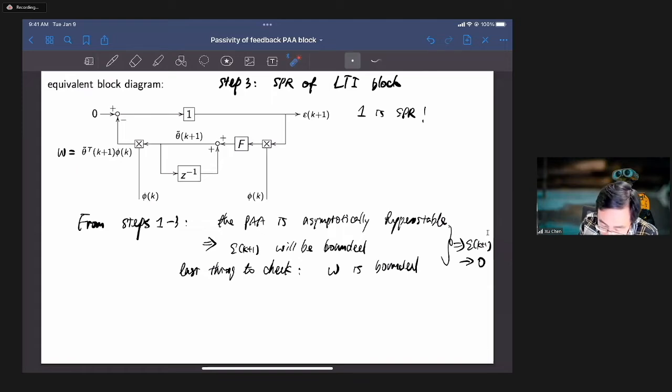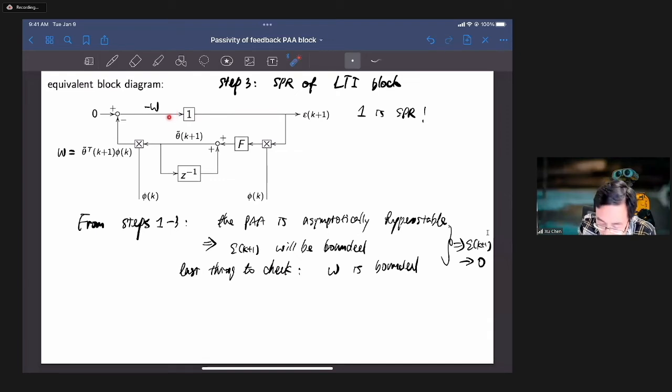However, for this particular case, you can see that this is negative W going into the LTI block. And if this LTI block is an asymptotically stable transfer function, all the poles are inside the unit circle, then if the output is bounded, the input must also be bounded.